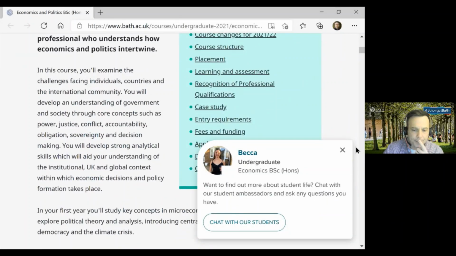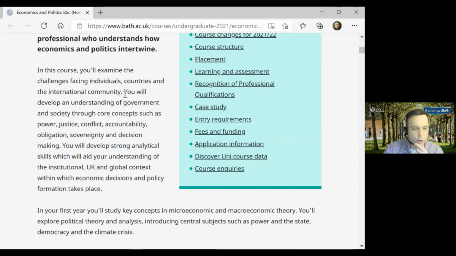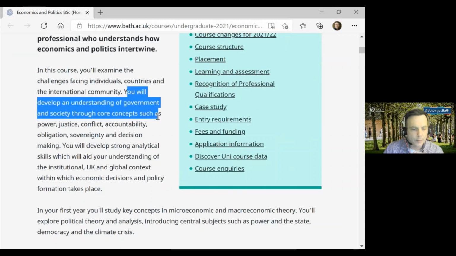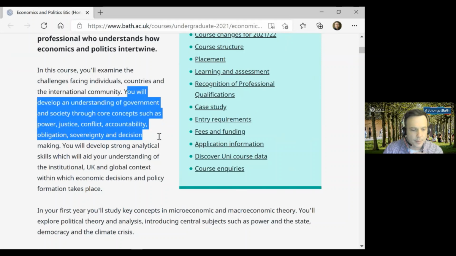So looking here, it says you will develop an understanding of government and society through core concepts such as power, justice, conflict, etc. If you're thinking about studying economics and politics, chances are you've already started learning one of the humanities subjects. If you did GCSE history, there is no doubt you would have looked at some of those things, such as power and justice, perhaps even sovereignty.